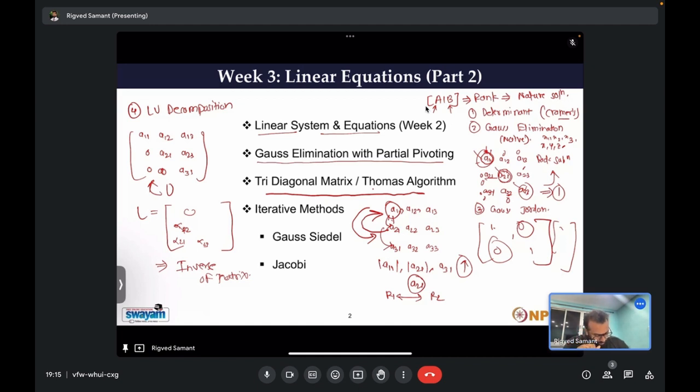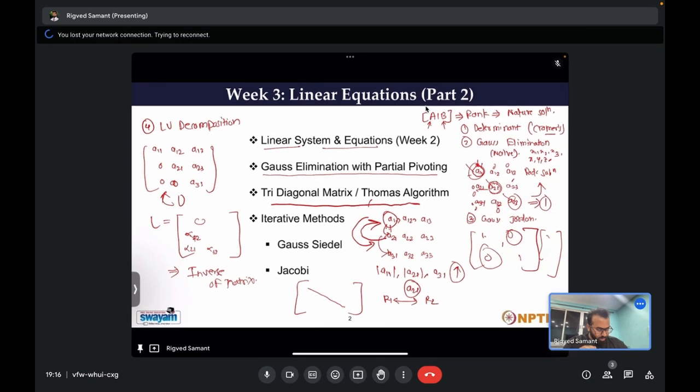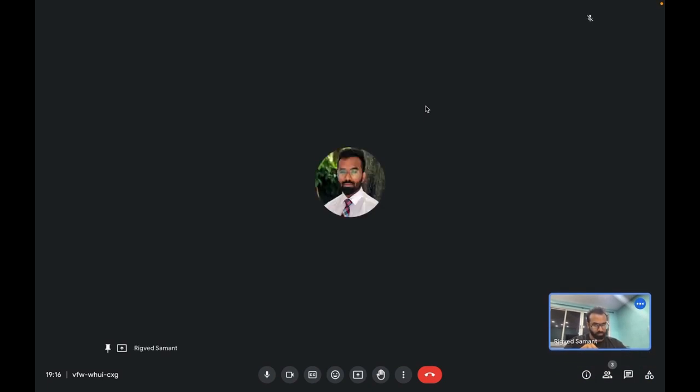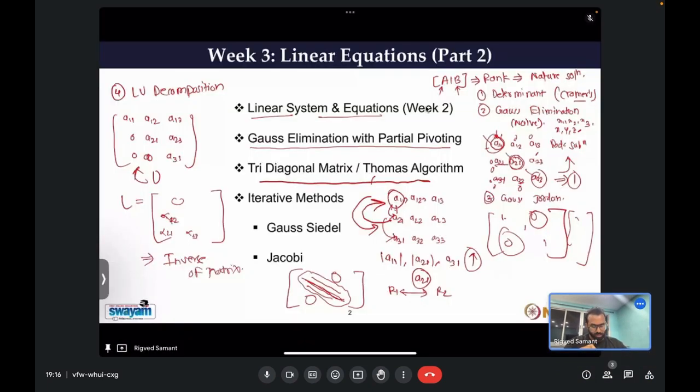So it gives you a matrix such that you will have a diagonal element, a super diagonal element and a sub diagonal element, and the rest of the elements are 0.